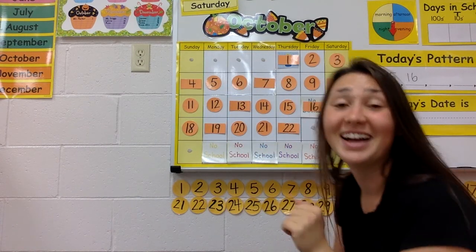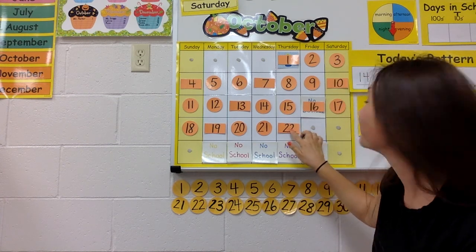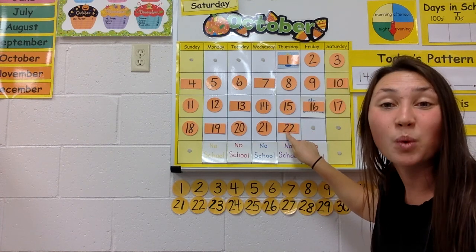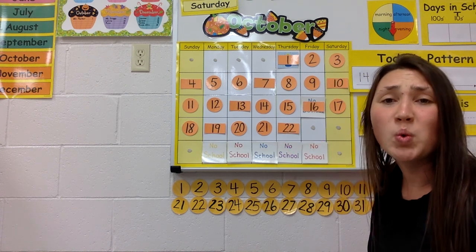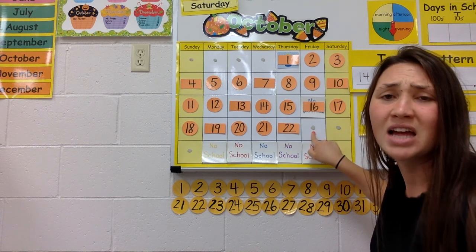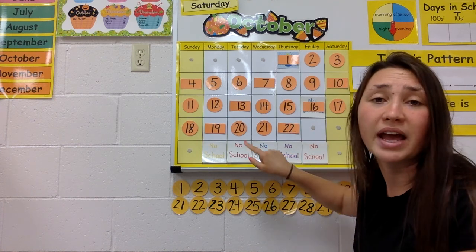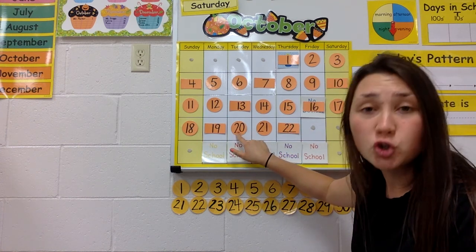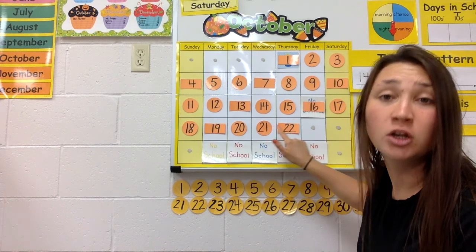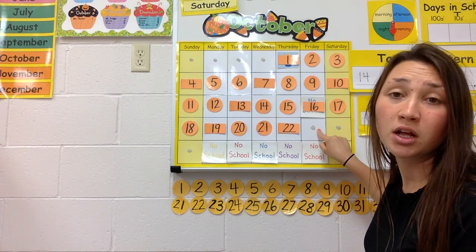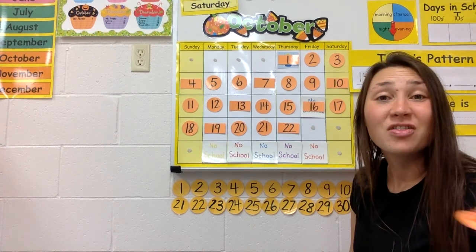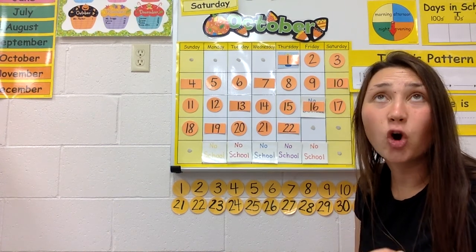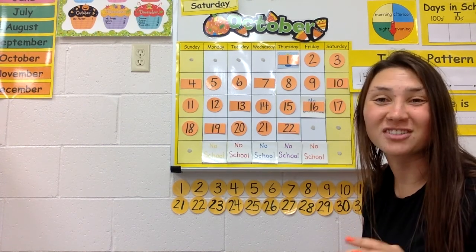Yesterday was the 22nd, October 22nd. So what's today? Let's start from 20. 20, 21, 22, which makes today 23, yeah? 23, or October 23rd, right?